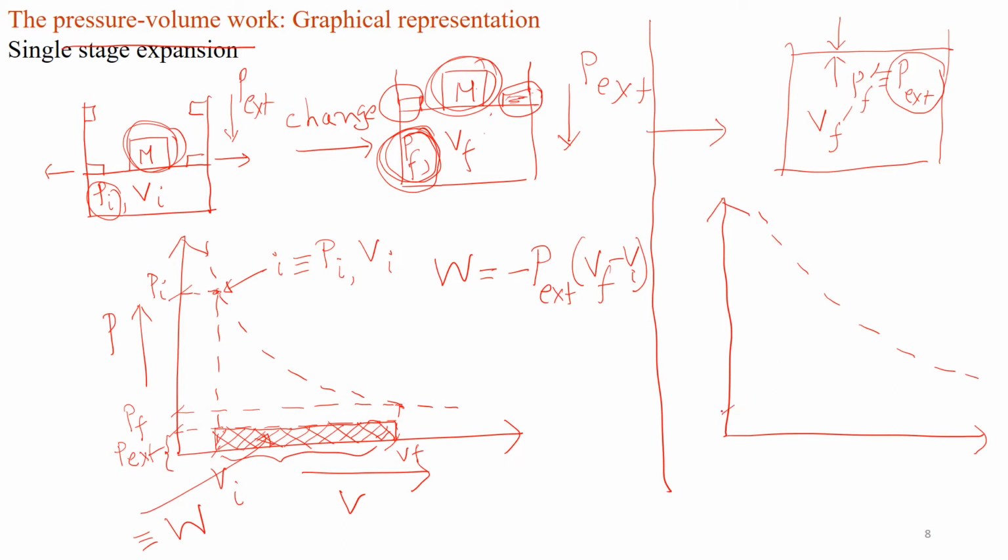So the external pressure is somewhere here. Let us just draw the isotherm. The external pressure is somewhere here, which we denote as Pext, and this was our P initial.